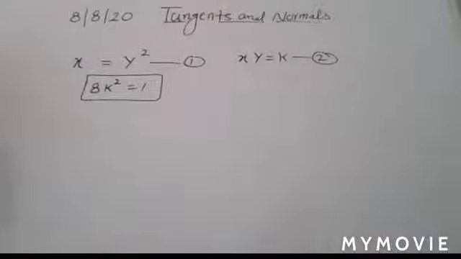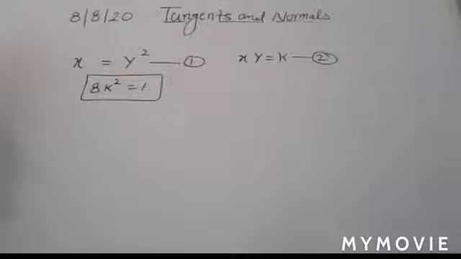So, what is your process? First of all, you try to find the point of intersection of the given two curves, and then find its derivative at the point of intersection, means at the point where they intersect. You find the derivative of that, and here it is given both curves intersect at right angle.